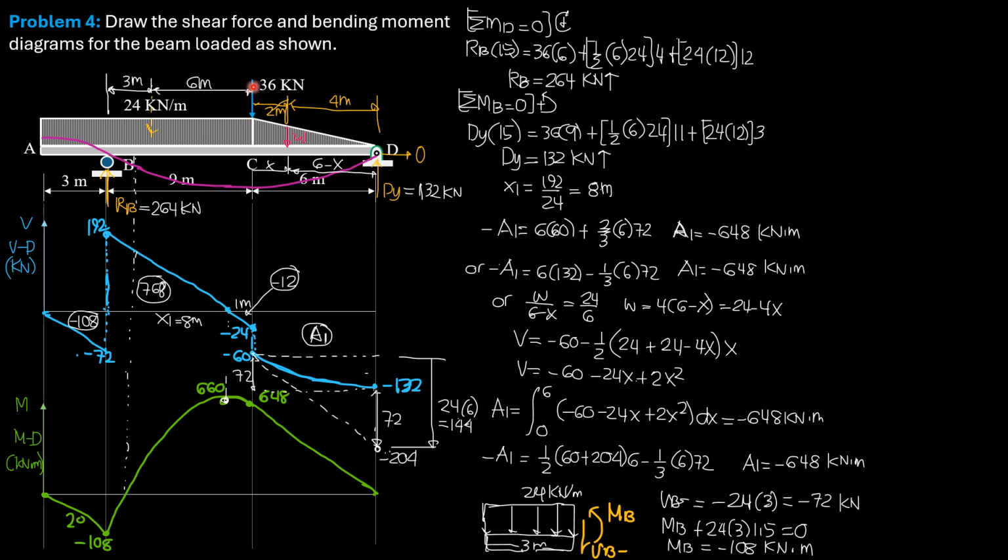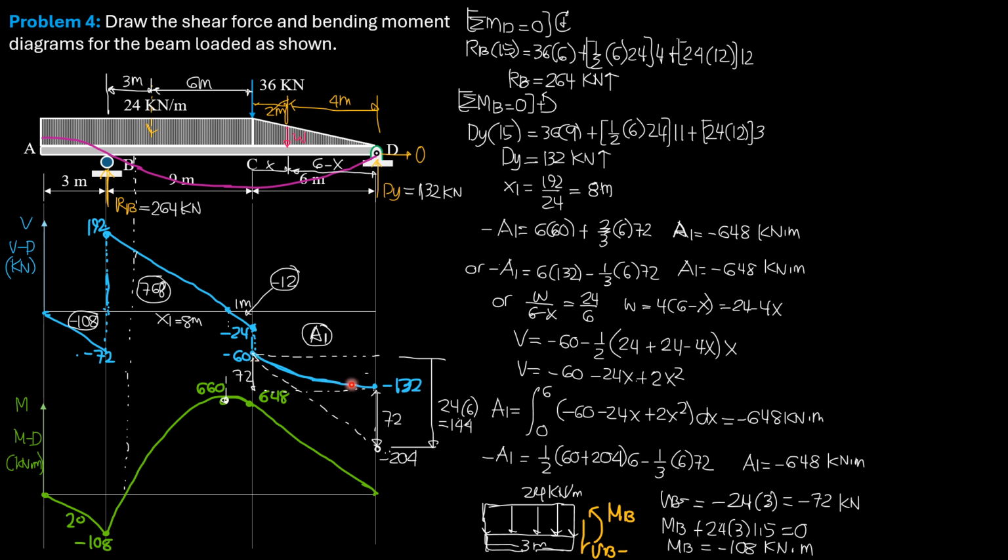Then we have a concentrated load downward, negative 24 minus 36, negative 60. And finally, we have to subtract the area of this triangular loading. It begins with negative 24 slope and ends with 0 slope because the intensity of the triangular load here is 0.